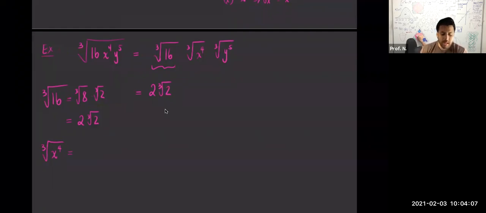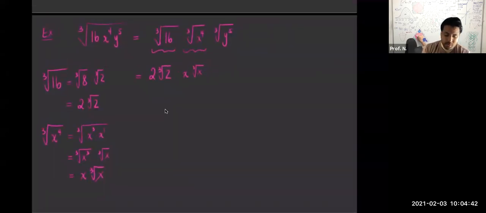It's still the same idea. I want to find the largest factor of x to the fourth that's a perfect cube. In this case, you have to have something cubed. x cubed times x to the first power is indeed x to the fourth. So the cube root of x cubed is just x. Does everyone see that? So now this becomes x times the cube root of x.